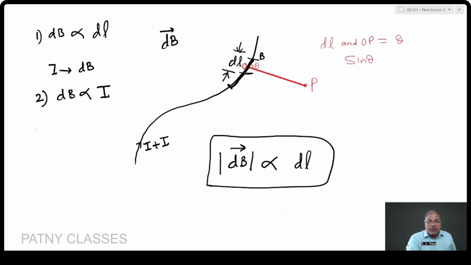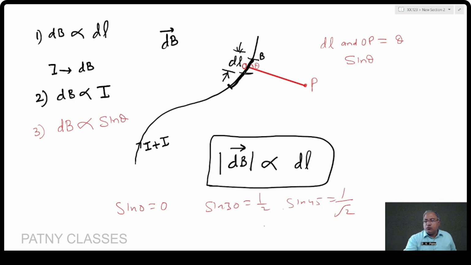According to Biot Savart law, the value of magnetic induction at the point P will depend upon theta, that is, directly proportional to sine theta, because sine 0 equals 0, sine 30 equals 1 by 2, sine 45 equals 1 upon root 2 and sine 90 equals 1.